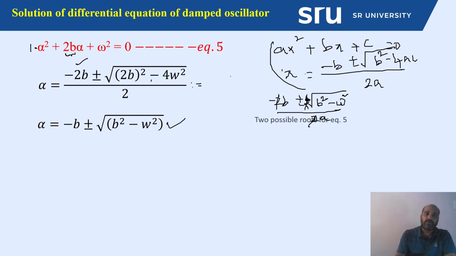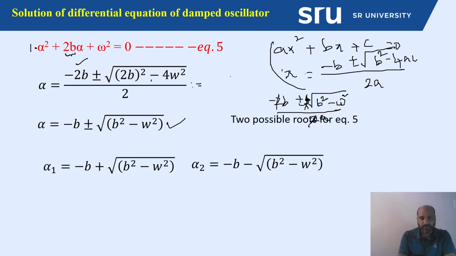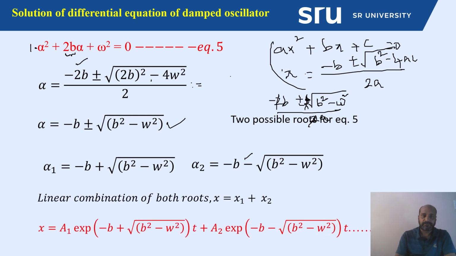If you write the two roots individually, one is with plus and one is with minus. I mean α1 is −b + √(b² − ω²), and α2 is −b − √(b² − ω²), here the change. Now we take a linear combination of both the roots, where x is equal to x1 plus x2.